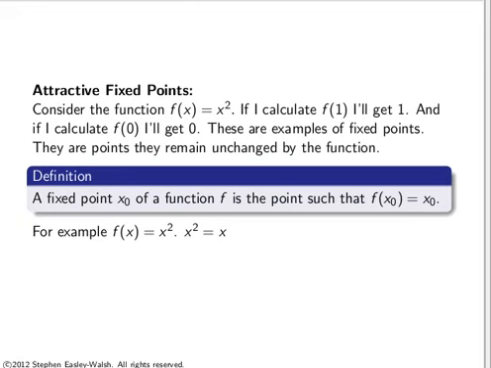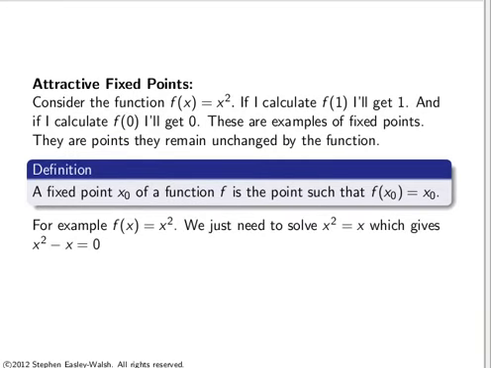Which gives x squared minus x equal to 0, because I just take the x over to the left. And then what's next? I factorize. And so I have x minus 1 times x equal to 0, and I get x equal to 0 or 1.